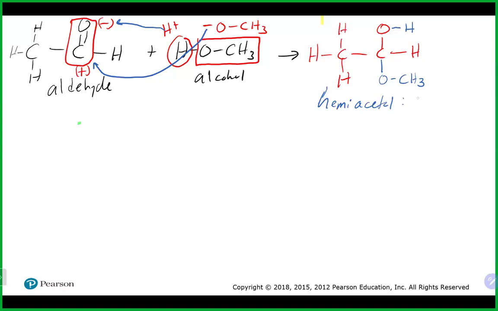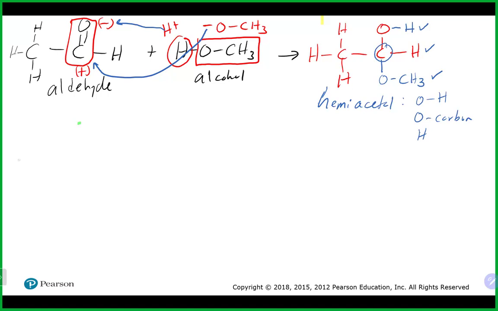A hemiacetal has an OH group, like we have here. It has an oxygen carbon group, like we have here, that comes from the alcohol. And it also has a hydrogen, like we got here. So those three things is what you're looking for, all attached to that carbon right there, and that is what is known as a hemiacetal. Any questions on that?